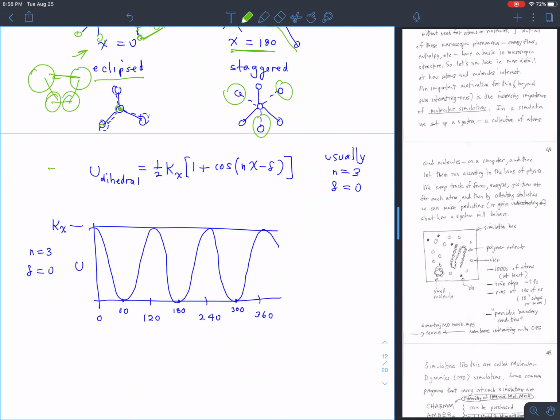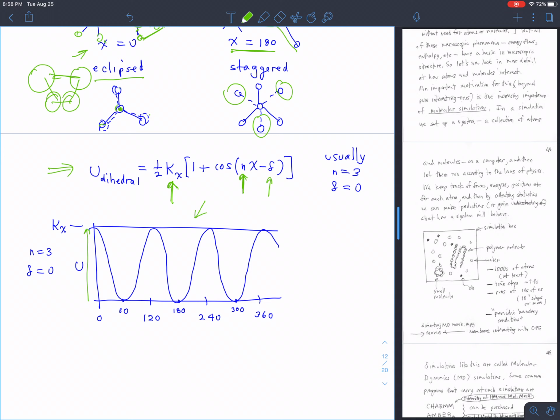All of this can be described by still another potential function, which I've called U dihedral here. It has three different parameters. One is another thing that's written with the same symbol as a force constant, and I guess we can call it a force constant for lack of a better term. But it's really the height of the potential here. Another one is this quantity n. That's a multiplicity factor.